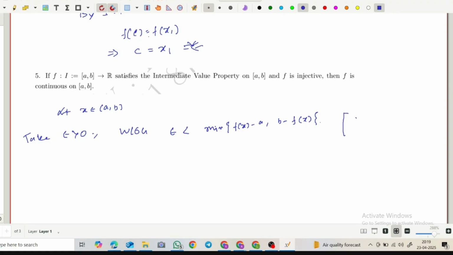Now see, we already have fa less than fx less than fb, because f is injective. I mean, we have the monotonicity from the last problem.